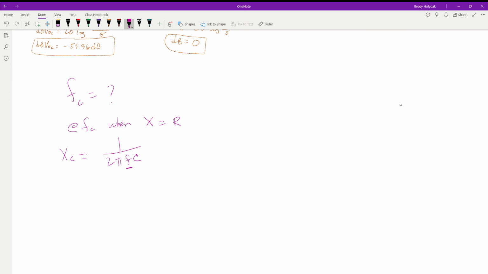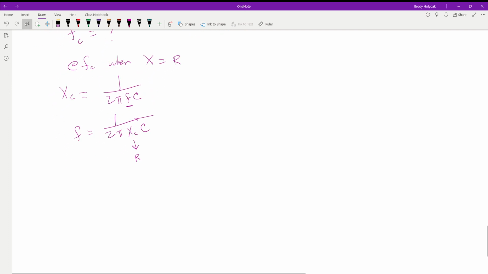So we end up with the frequency is equal to 1 over 2 pi times the reactance times the capacitor. Now remember, we want this resistance and this reactance to be equal, so we can swap this out for an R to designate what we do know. So the frequency is equal to 1 over 2 pi times the resistance value times our capacitor.